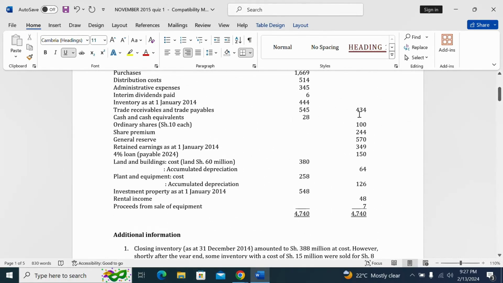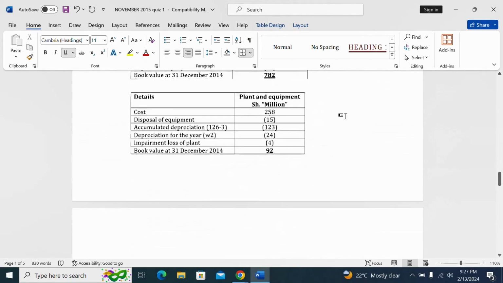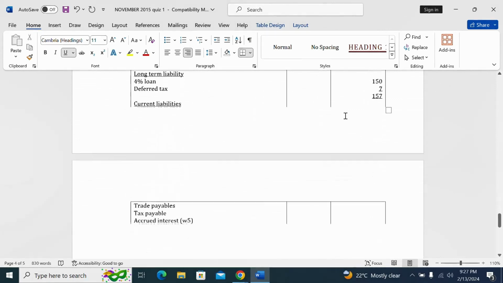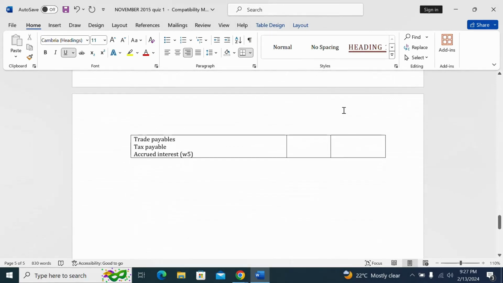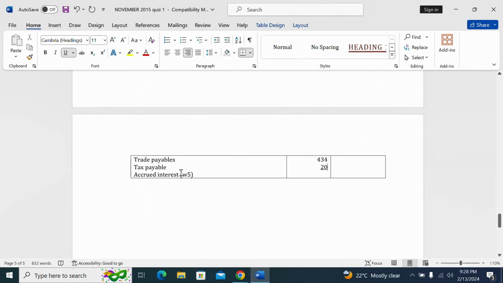The trade payables is 434 million. Then we go to the tax payable. The estimated tax is 20 million. That is the current tax payable because the deferred tax is 7 million.